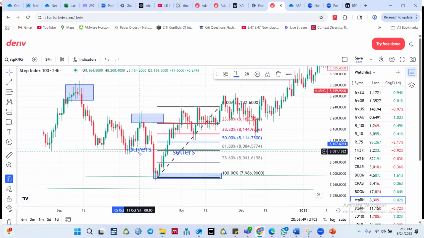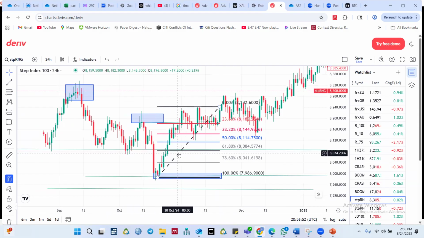Is it the golden zone? Okay, so because we have shifted to the upside, though price has told us that it wants to go bearish, it quickly also shifted and told us it wants to go bullish first. So we look for price at discount.